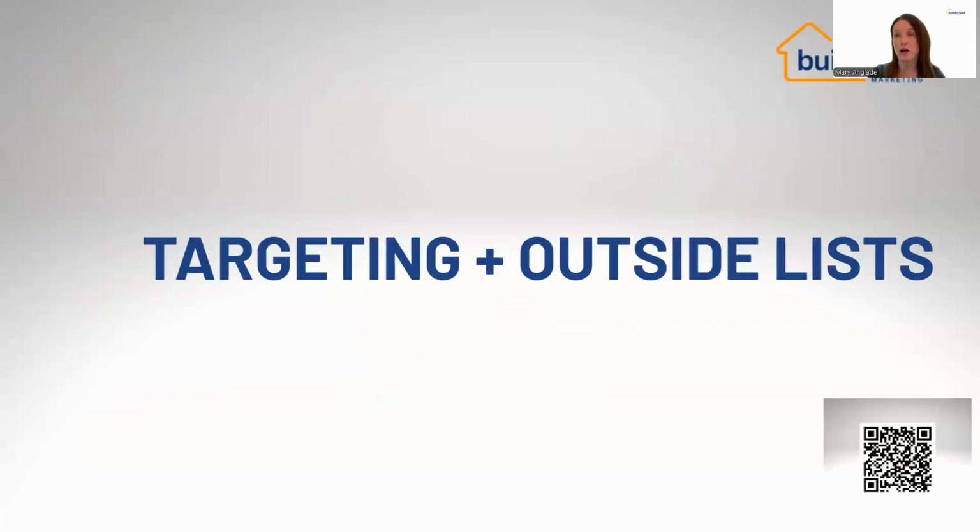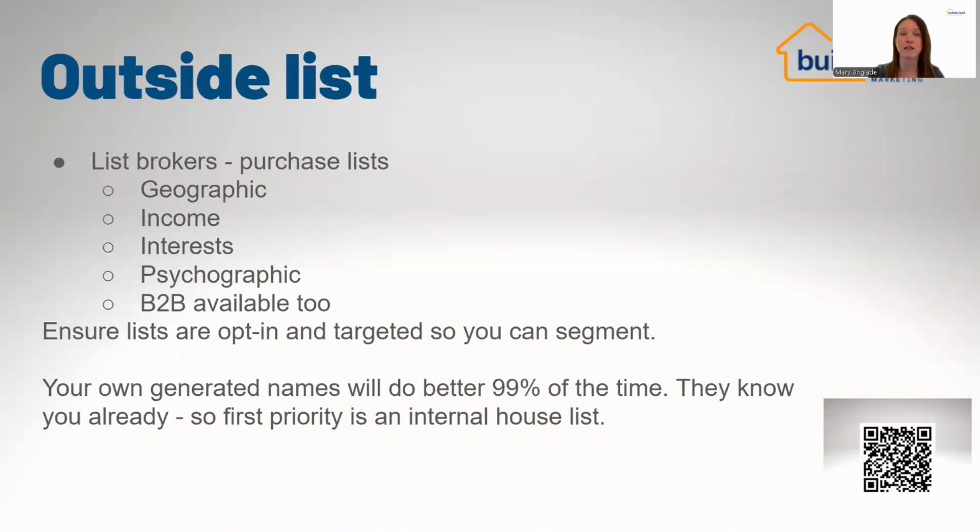But before I do, just a quick note on outside lists. So as I mentioned, you can buy lists of names, and these are some of the ways they're typically broken down. Let's say you're a modular manufacturer. I'm interested in home builders in Virginia and Tennessee and Kentucky, and sometimes you could even reach people over a certain revenue.